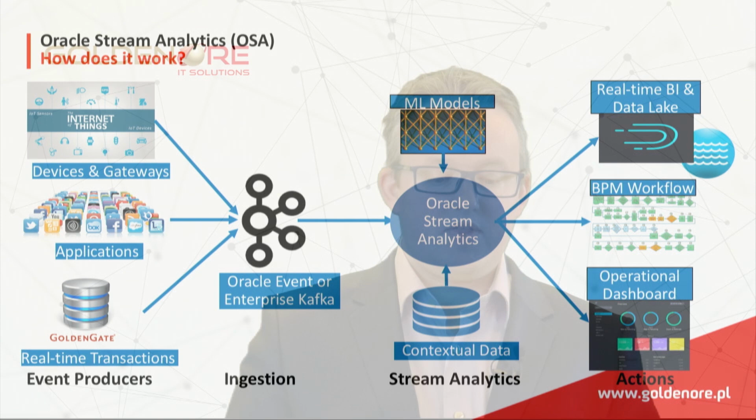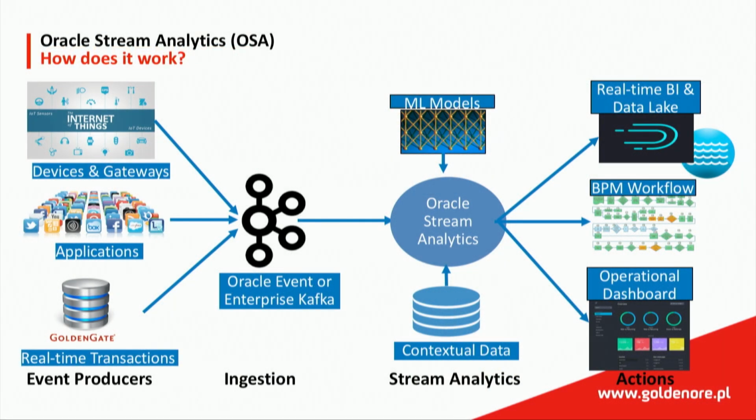How does this work? Internet of Things, millions and millions of applications which everybody uses on their devices, mobile phones, laptops, computers, TVs, and of course, real-time transactions created in our standard databases. We can all collect this, for example, using GoldenGate to feed to Oracle Event or Enterprise Kafka.